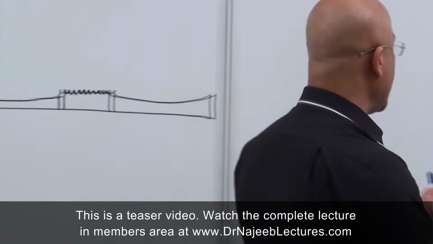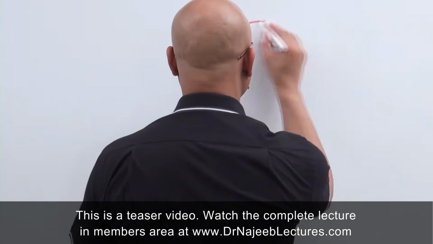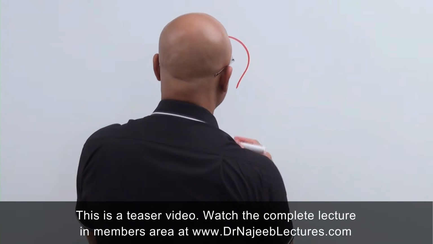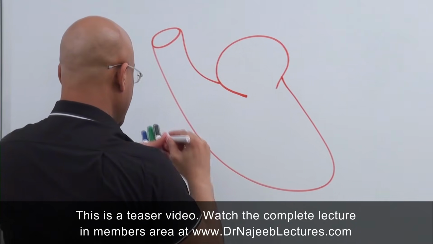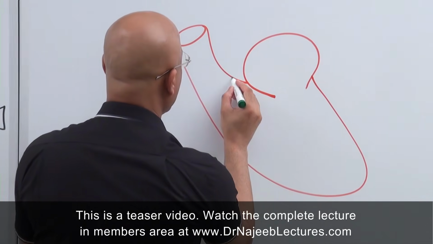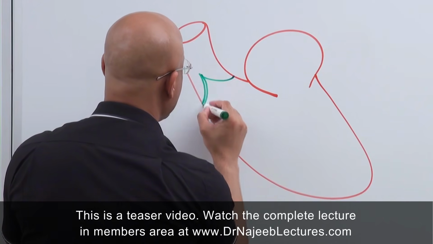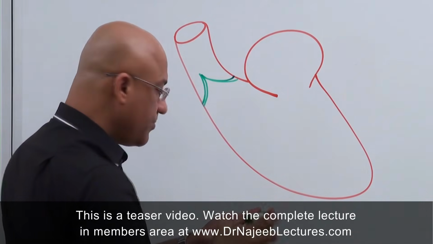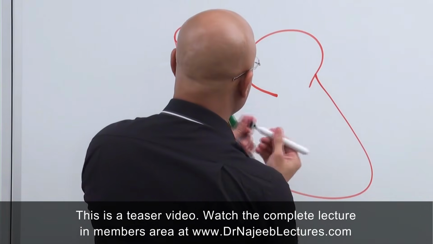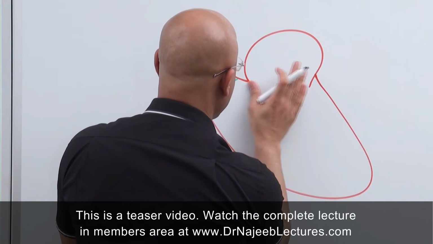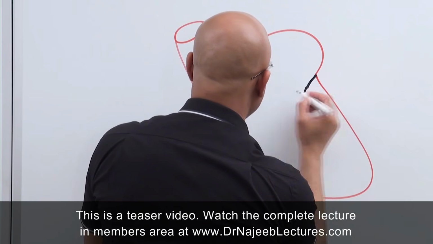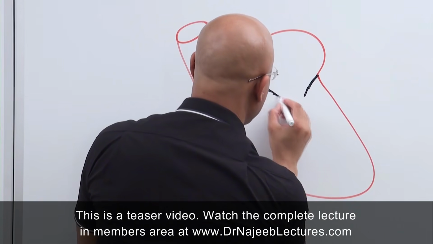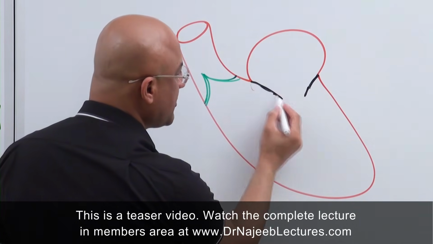I will just show the left heart. Right? Here the aortic valve is closed at the onset of ventricular systole, right? Now here I am drawing the mitral valve and its components. Actually, the mitral valve has the leaflet.